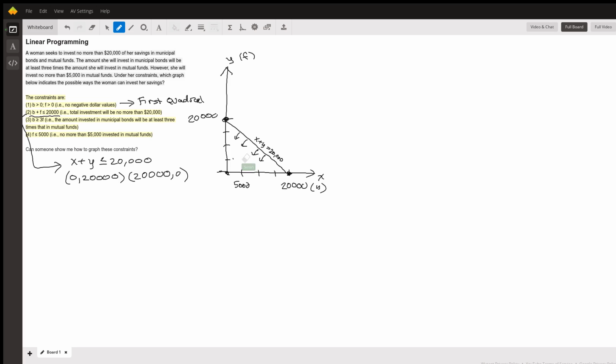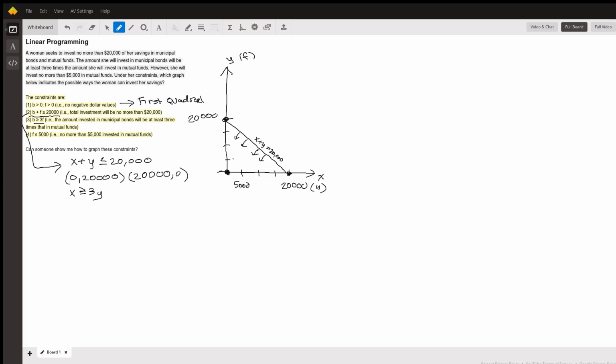All right, so then we're going to look at the third constraint. The third constraint is X is greater than or equal to 3Y. So I can pick some points. It doesn't really matter, but (0, 0) is going to be a point on the graph.